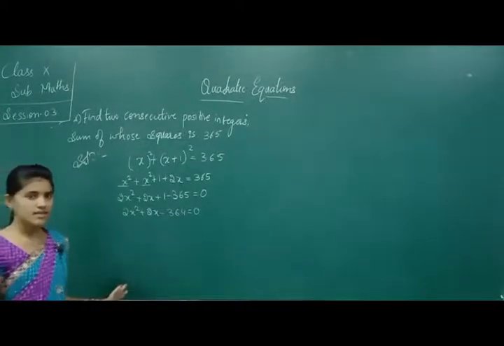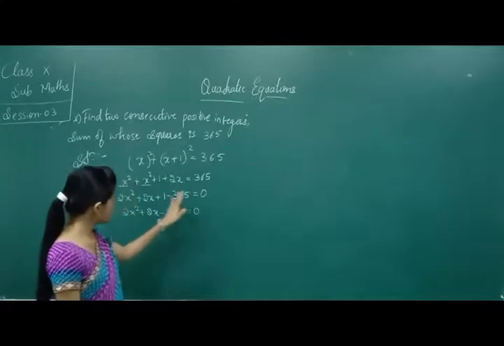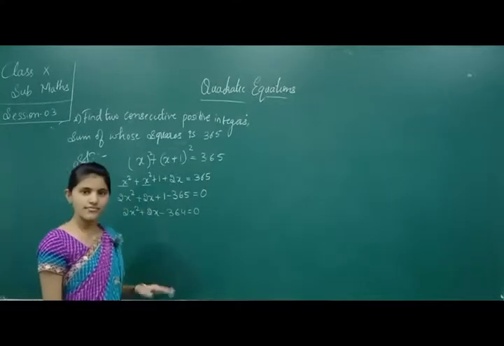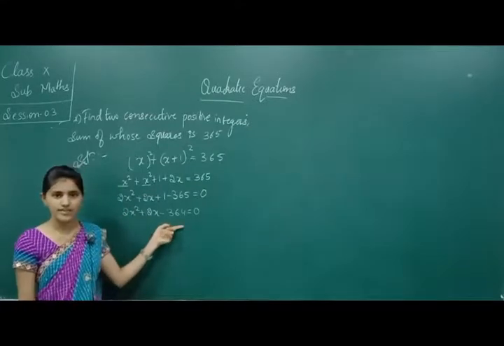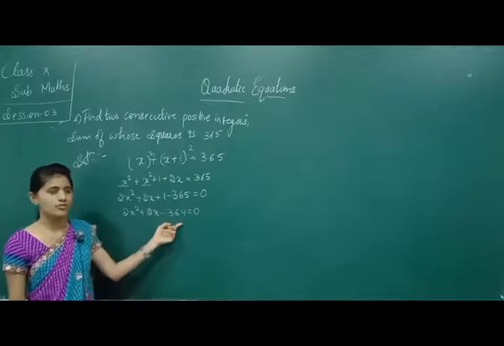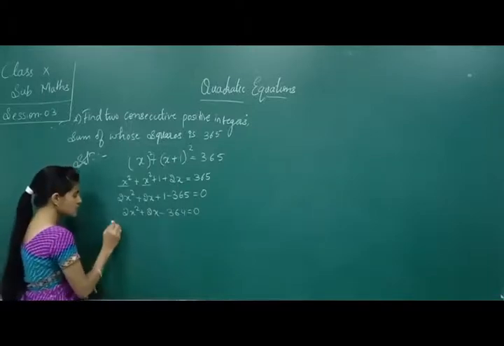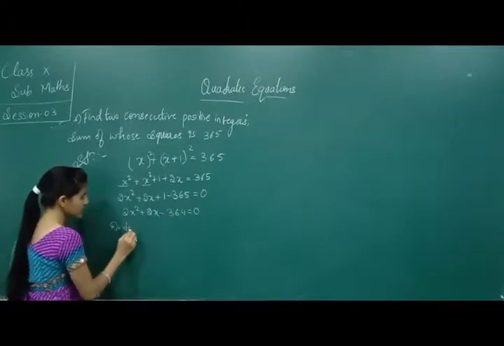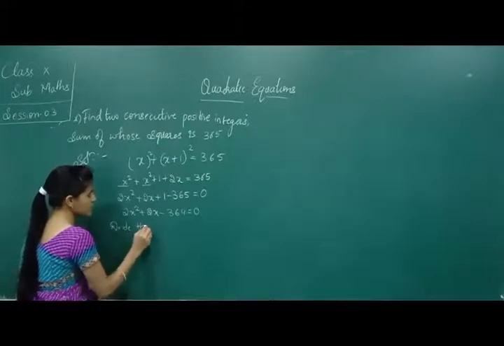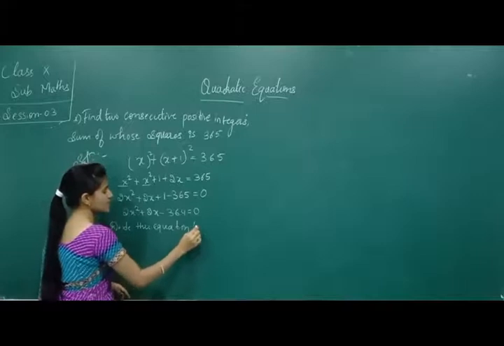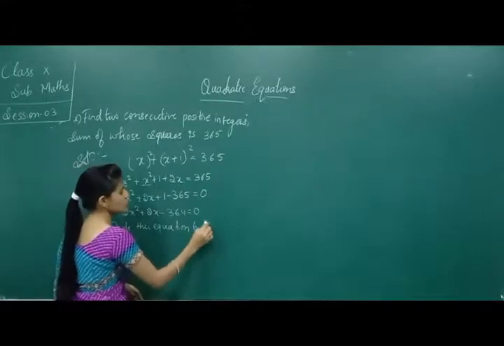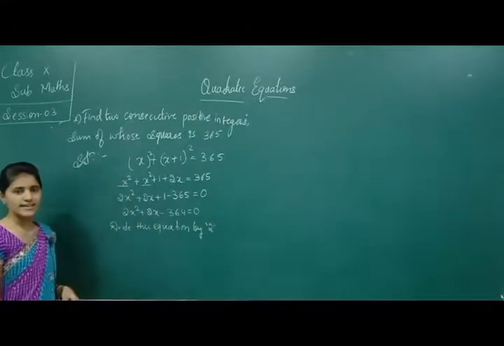See students, by looking at this equation, can we feel that all three numbers are multiples of 2? Of course, yes, right? That is why we are going to divide the entire equation by 2.